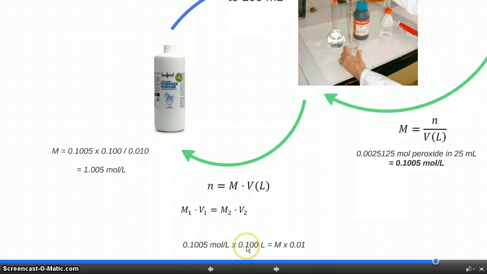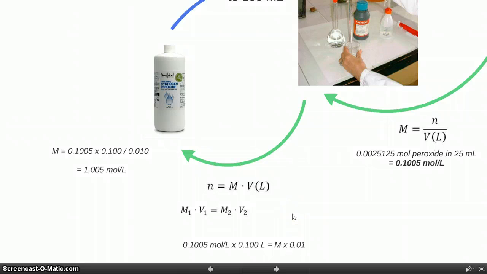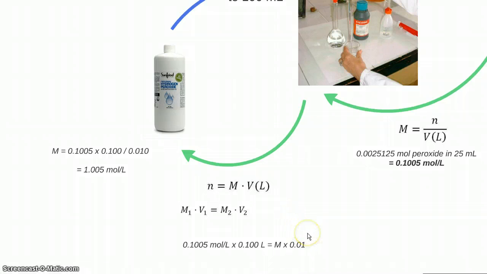In our case, that is 0.1005 multiplied by 100 milliliters. That is the concentration and volume in our flask. That will be equal to the concentration of hydrogen peroxide in the bottle multiplied by the 10 milliliters that we took from the bottle, 0.01.